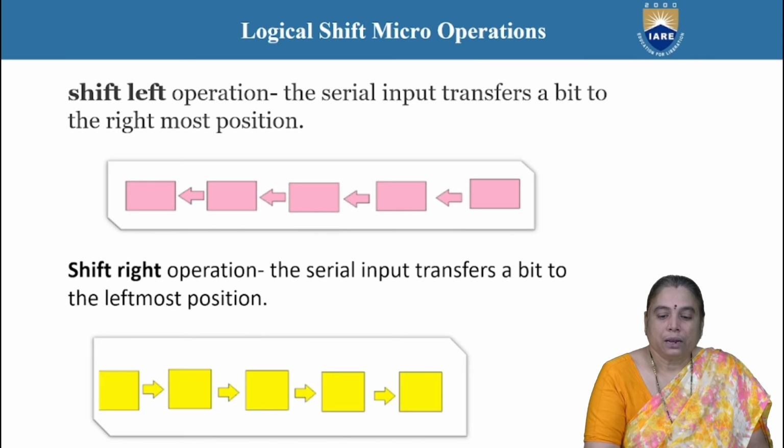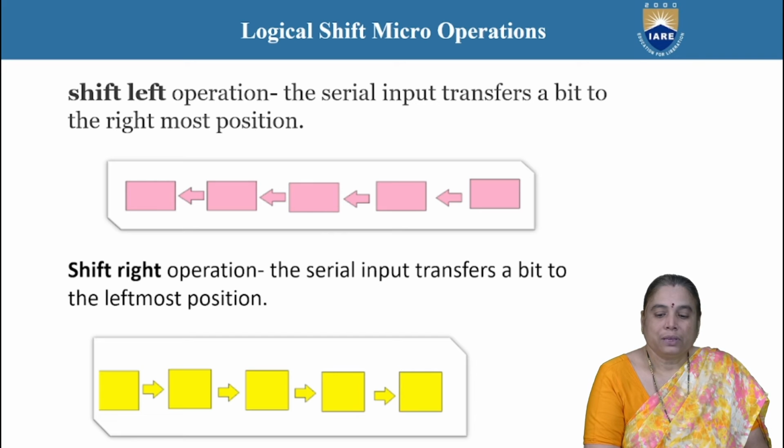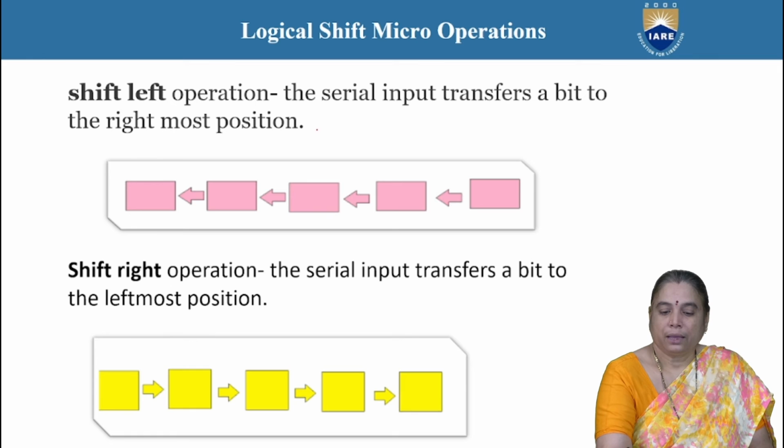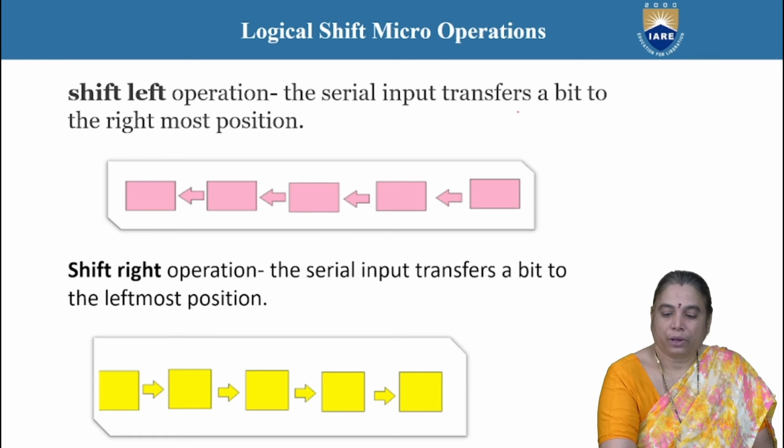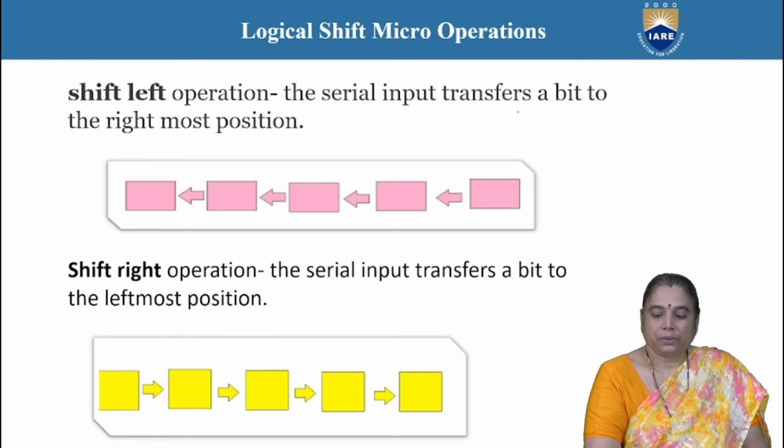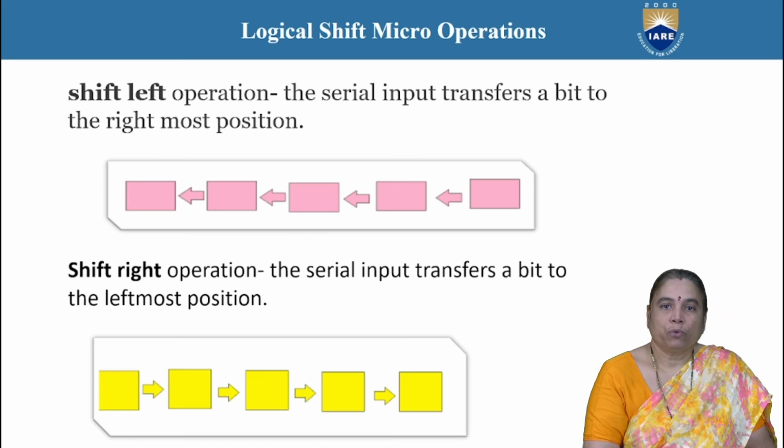What is the logical shift micro operation? The serial input transfers a bit to the rightmost position in case of a left shift operation. The bits in the register are moved one bit either to the left or to the right in a logical shift micro operation.